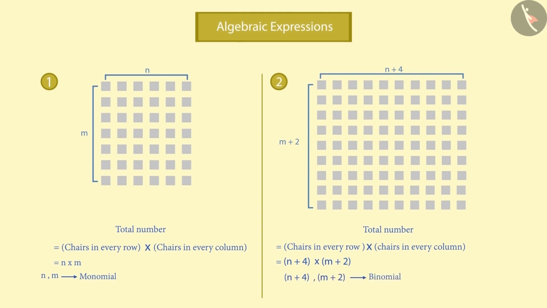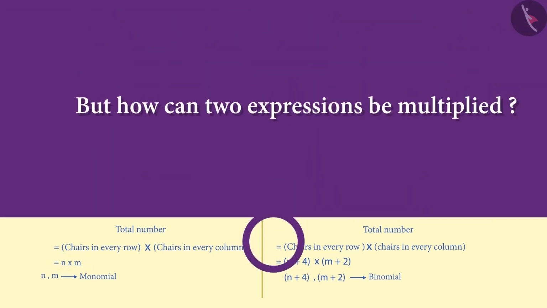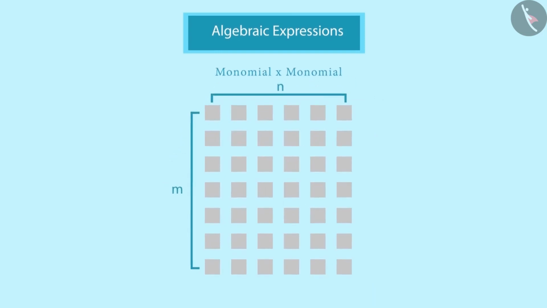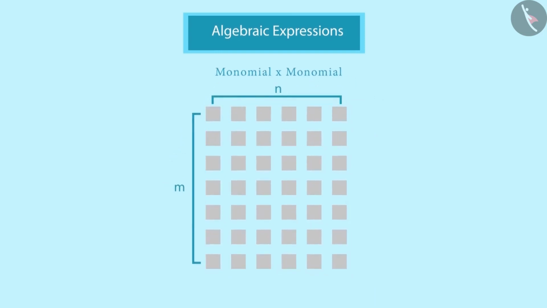We have seen that in some circumstances, we may have to multiply algebraic expressions. But how are two expressions multiplied? Come on, let's see. Let us look at the multiplication of two monomials at the beginning. We saw such a multiplication of two monomials in the first situation.